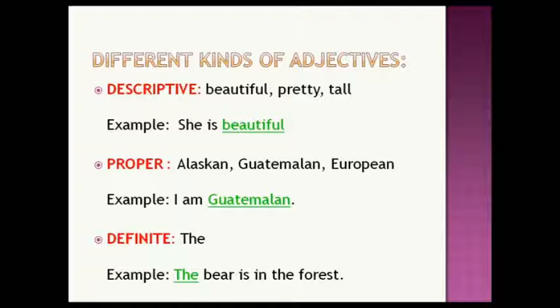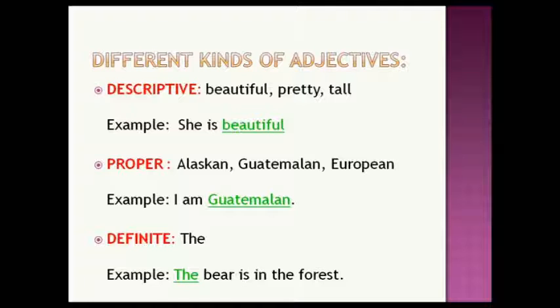In this case we have to look at the first one, descriptive. For example, in the descriptive adjectives we have beautiful, pretty, tall. In this case I showed you just 3, right?